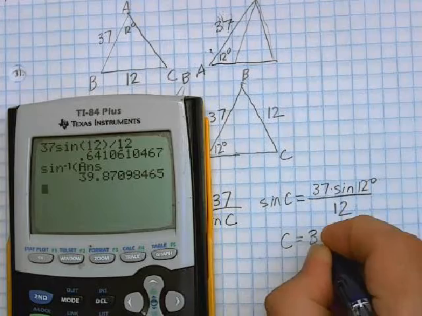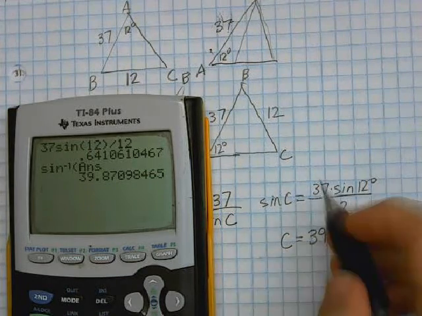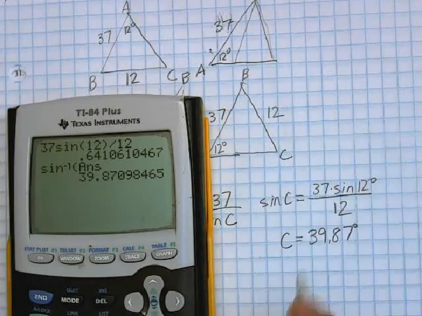So one possible angle for C would be 39.87 degrees. That would be for this triangle here.